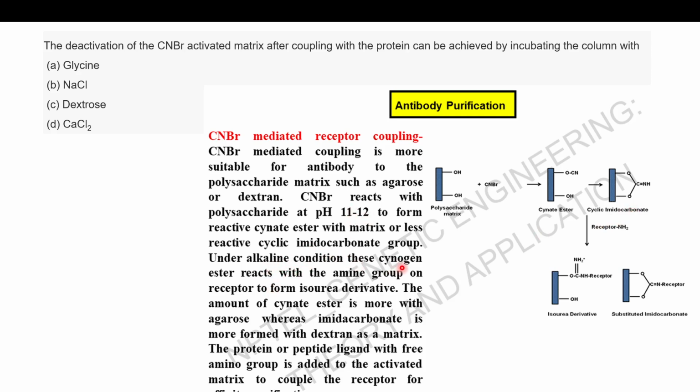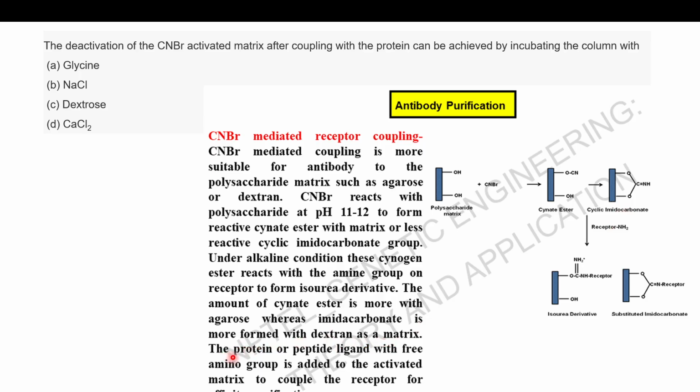Under alkaline conditions, the cyanate ester reacts with the amine group, NH2 group, thereby forming an isourea derivative, right? The amount of cyanate ester is more with agarose, whereas the cyclic imidocarbonate is formed more with dextran as a matrix.